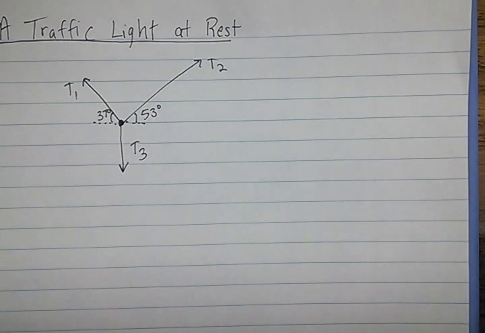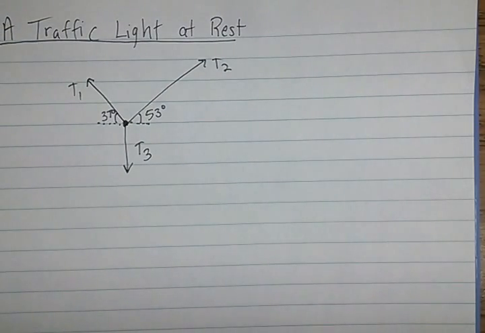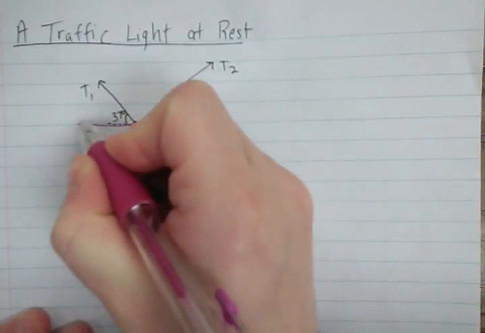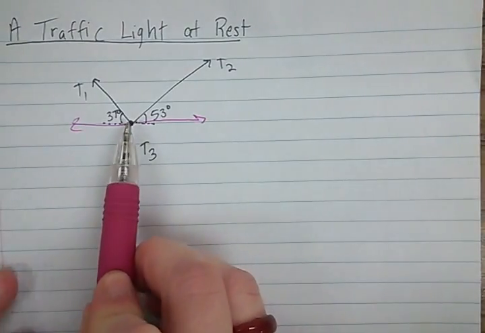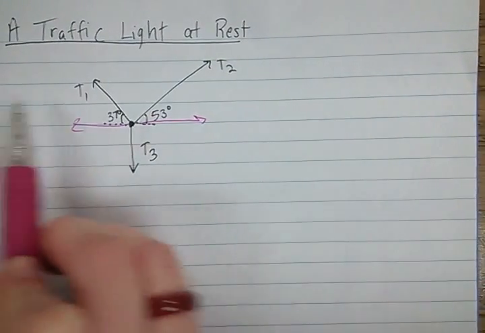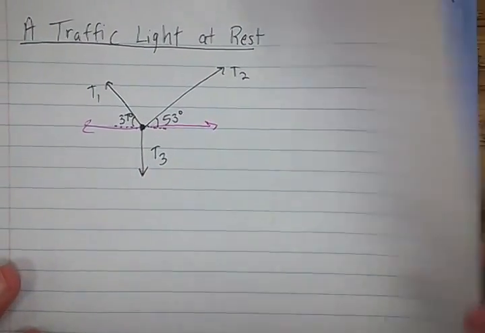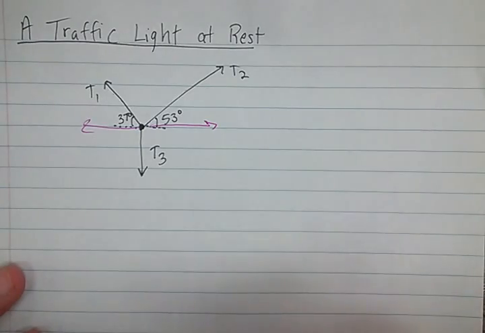One thing we can assume is that the x components of these two tensions have to be equal. So in other words, these two pink lines are equal because the traffic light is not moving from side to side. And then another thing, we need to find out if these two can actually hold the traffic light up.